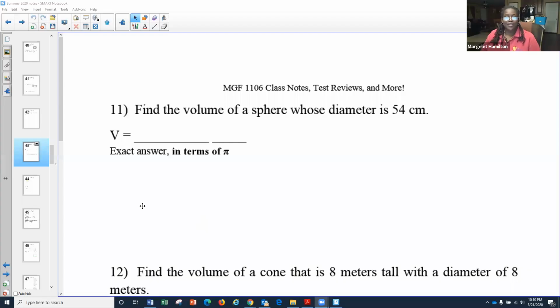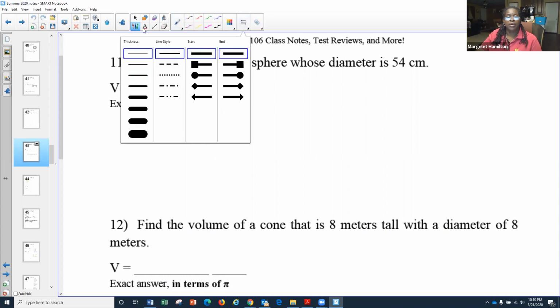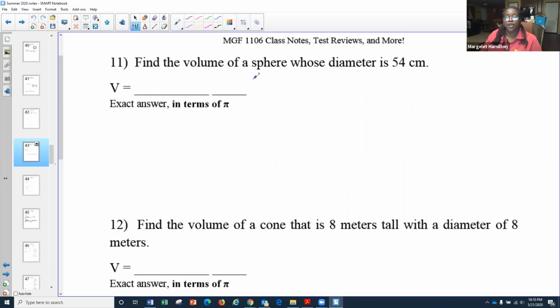All right, here we are, continuing on with number 11. So now we're really going to be working our formula sheet. It says find the volume. Find the volume of a sphere whose diameter is 54 centimeters. So again, they didn't give us a picture, but here we don't really necessarily need one unless you want to draw one.